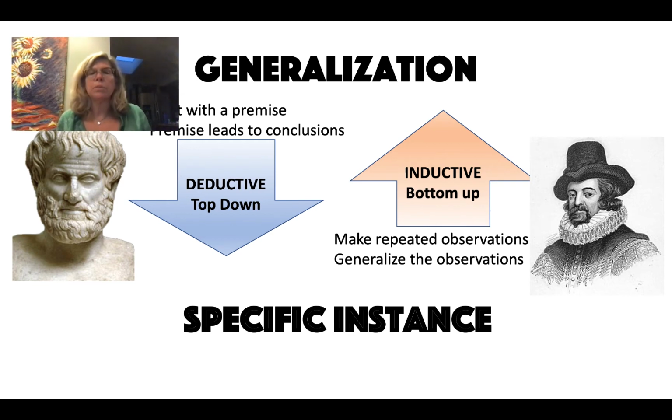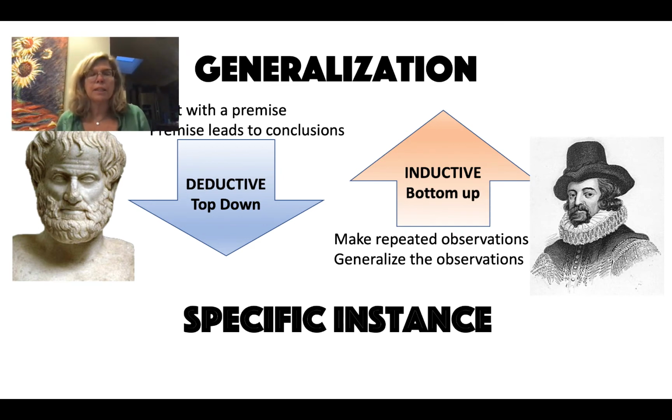In other words, you make repeated observations and then generalize those observations. For example, we studied series and sequence, and we made repeated observations about each number and its term and its resulting number. So that's called inductive reasoning.